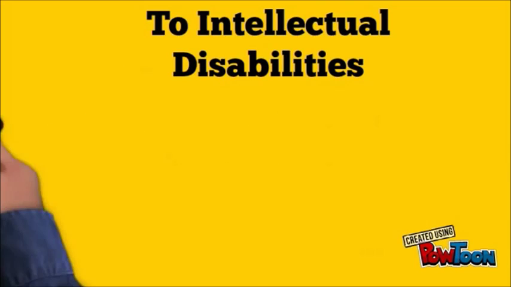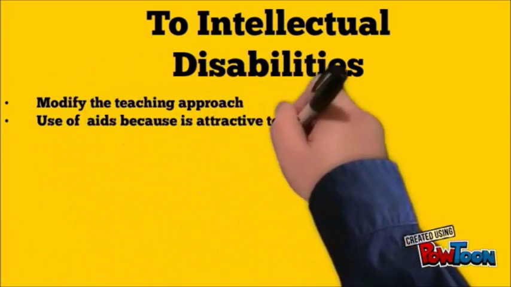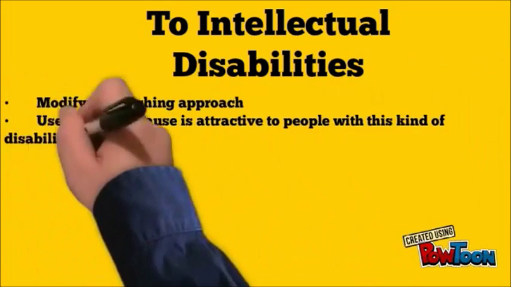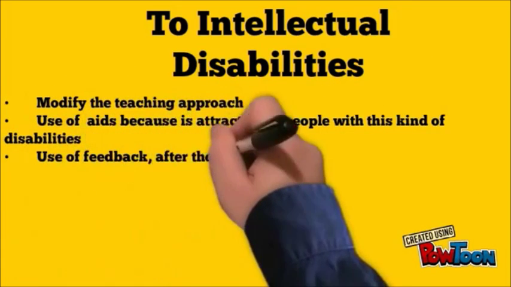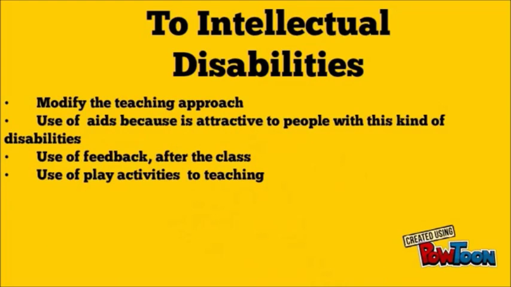For intellectual disabilities, modify the teaching approach, use aids because they are attractive to people with this kind of disability, use feedback after the class, and use play activities for teaching.